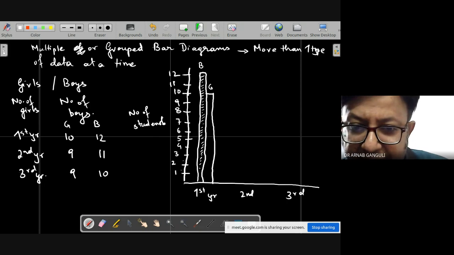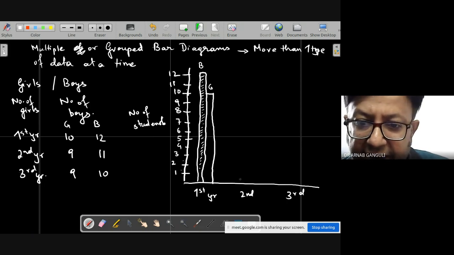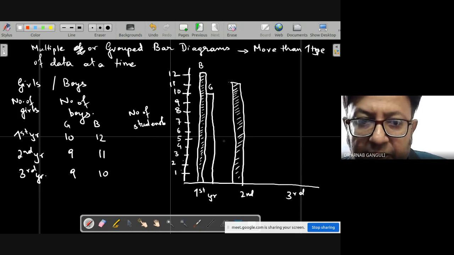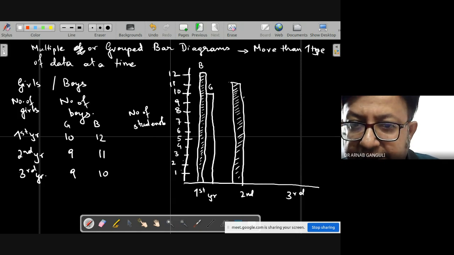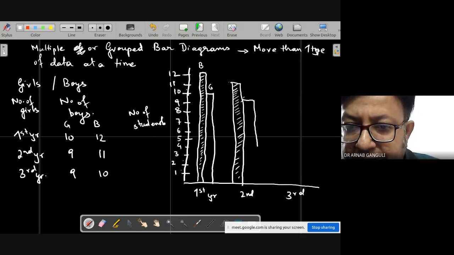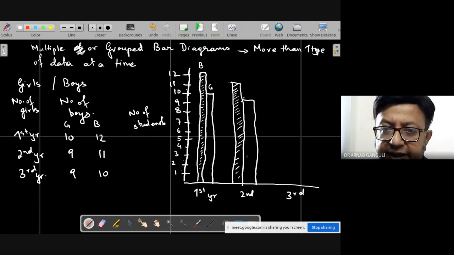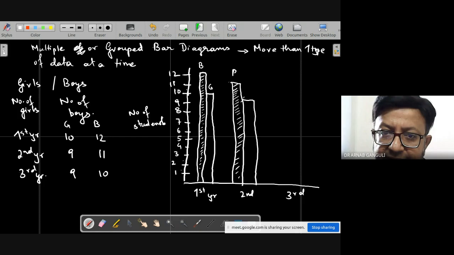Second year, you have 11 boys and 9 girls. Here, immediately boys and girls, you can find the difference.